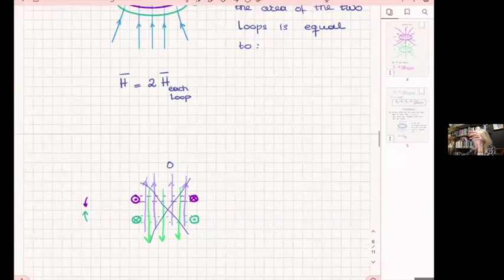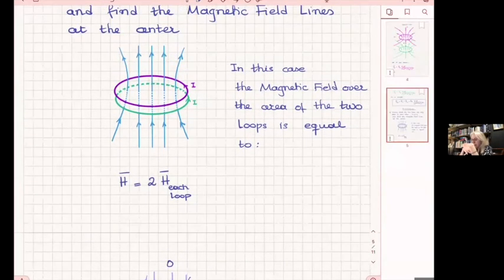We only bring them close to each other in the loops if we want to cancel the fields inside the loop with opposite directions. If we want to strengthen the field inside the loops, and we have multiple loops, and we bring them together, we make sure that the current direction is the same. Okay?